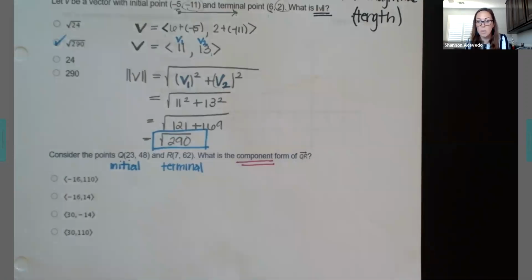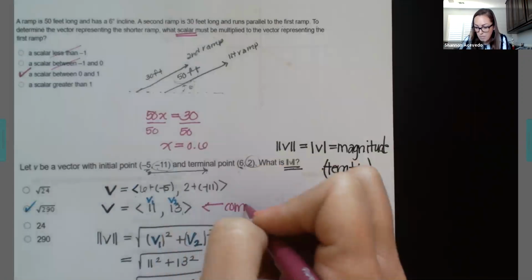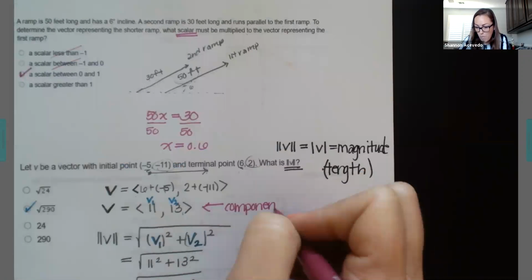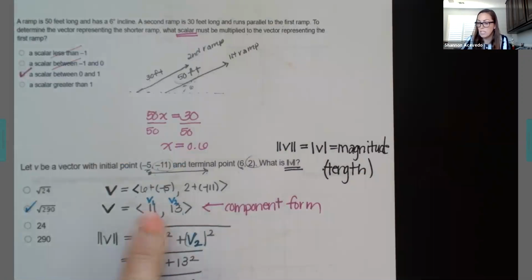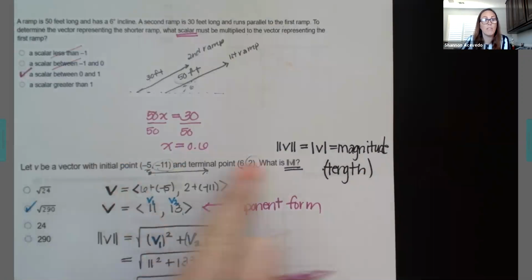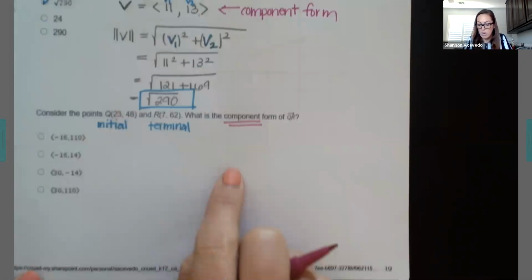Again, vocabulary, what's component form? Well, luckily, if I look here, I can see this notation. It's all written the same. That's what they wanted us to do. Right here, we put this in component form. That's what we did right here, was we put these 2 points, and we put the vector into component form. So the same thing's gonna happen here.